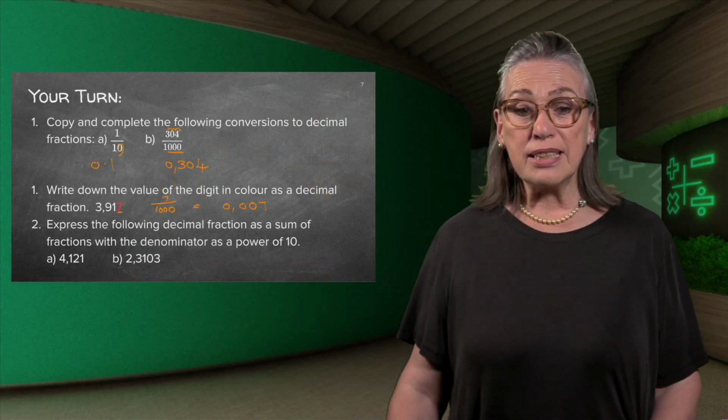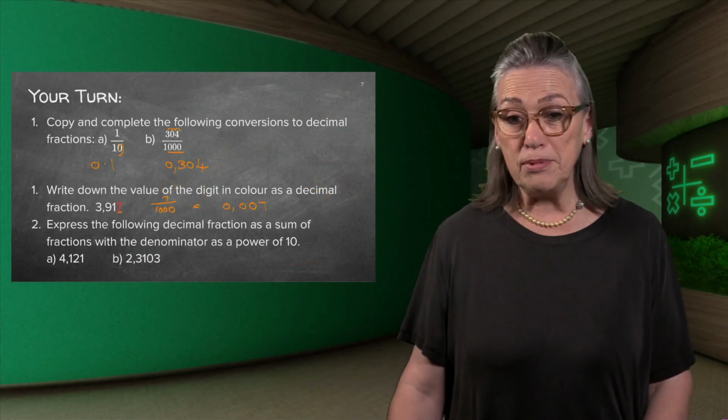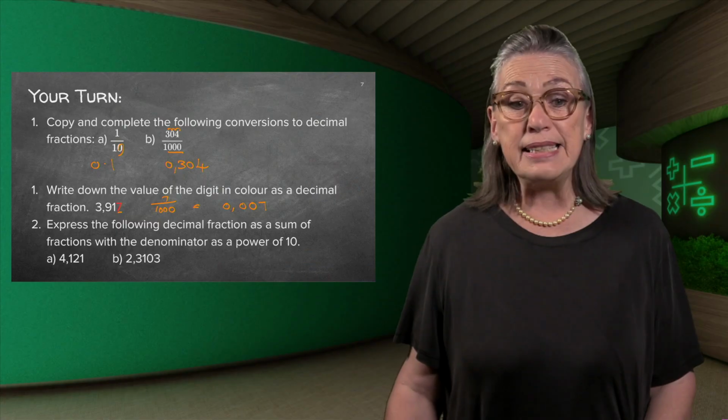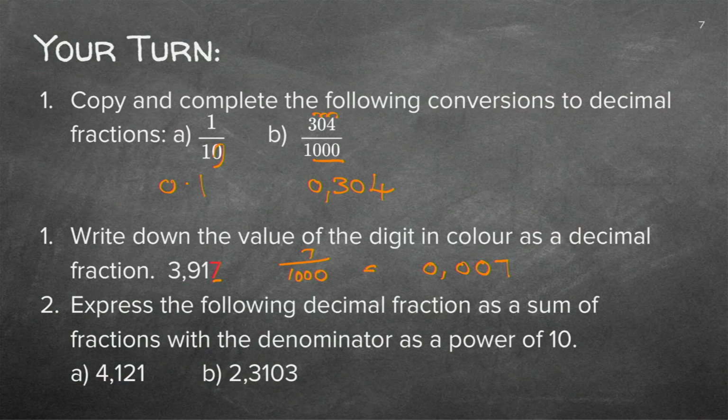Now they ask us to express the following decimal fraction as a sum of fractions with the denominator as a power of 10. We're not scared, we can do this. We've done this before. So I hope you've done this. Let's check your answer. The first one is 4,121.